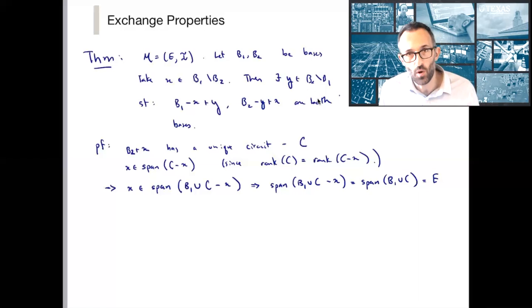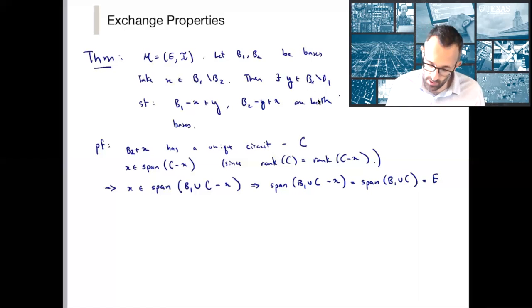The span of B1 is all of E. And now I'm adding C and subtracting an element of B1. That's why it's useful. We didn't know this from the start. And since x, what I subtracted, is in the span of C, then certainly the span of B1 and C is everything. But now we see that we're almost there.